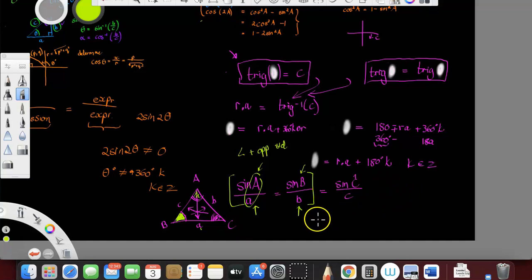The cos rule says that if I have cos of B, angle B, is equal to, and then it takes these two side lengths, A squared plus C squared minus 2AC. Notice these are all the values that I have.